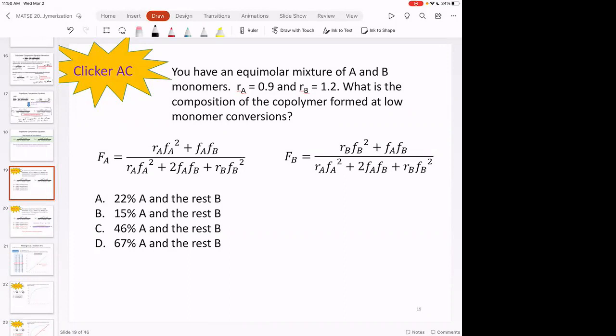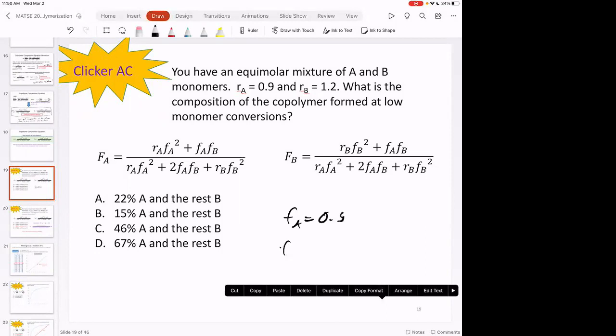What does that tell you about the variables that you need to know in these equations? What are the mole fractions of A and B if we're in an equimolar mixture? Yes, Fa equals 0.5 and Fb equals 0.5.